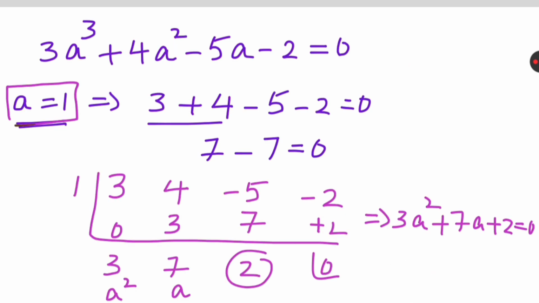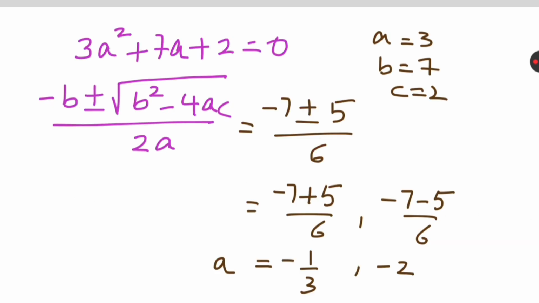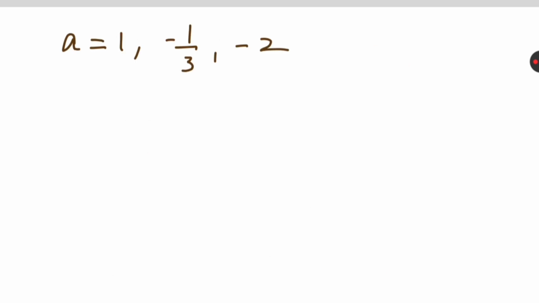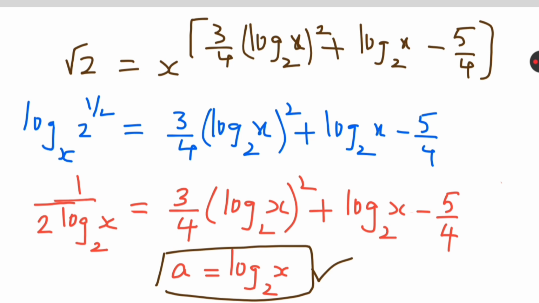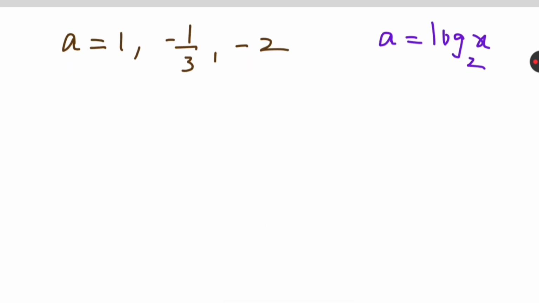The first root is a equal to 1, so the a values are 1, minus 1 over 3, and minus 2. We need to find the x values here. At the start we assumed a as log x with base 2. So let's take the first a as 1: log x with base 2 equals 1.